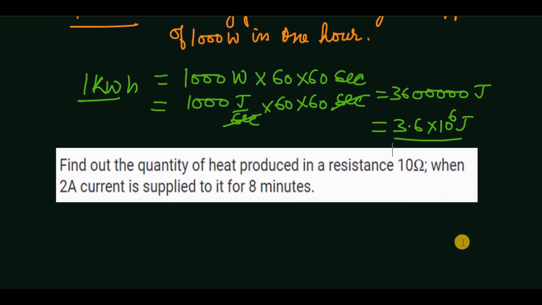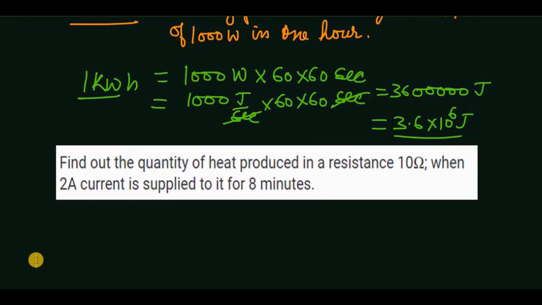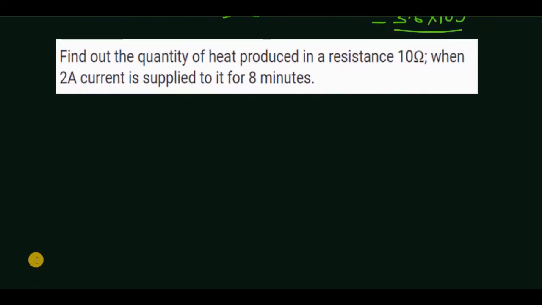Find out the quantity of heat produced in a resistance of 10 ohm when a current is applied to it for 8 minutes. The question is given, find the quantity of heat produced. You have to find out heat produced in a resistance of 10 ohm.